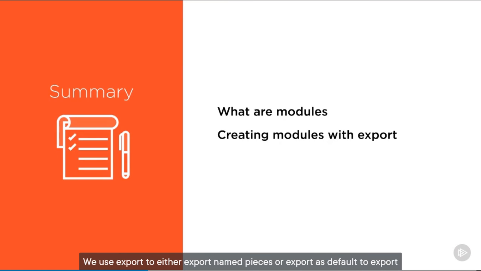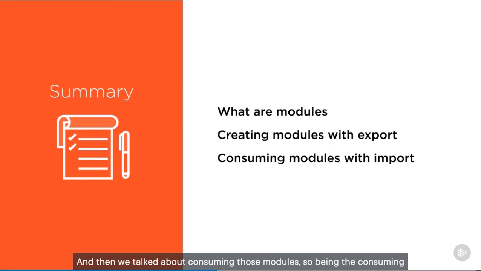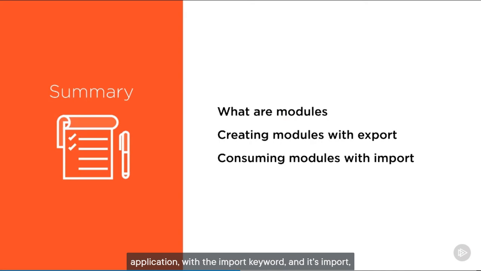We use export to either export named pieces or export as default to export default pieces of code out to the consuming application. And then we talked about consuming those modules with the import keyword.